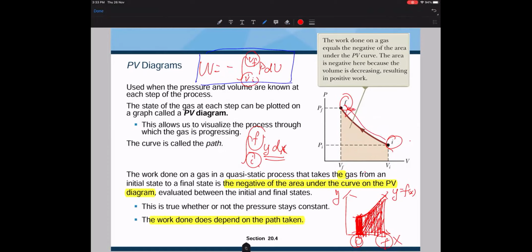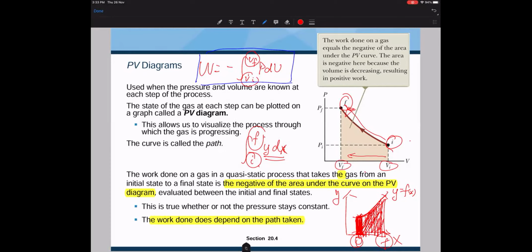The area under this path is proportional to the work done. And in fact, it is the negative of the area that is the value of the work done on the system. So if you are starting from a large volume to a small volume, actually the surrounding environment has to do work into the system, and therefore work done would be positive. Although when you are doing the integration from a large value to a small value, you would get a negative area.